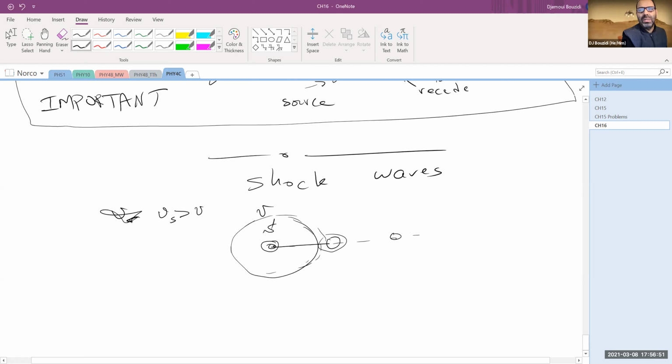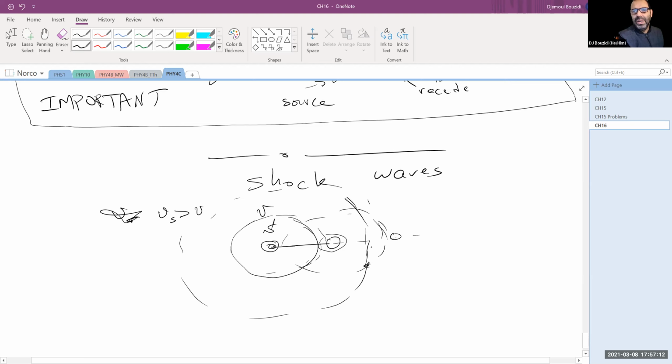By the time it's at this point here, it's going to send the third wave front, where this first one is still here. And the first one is probably here. And so on and so forth. You can clearly see at this point here, for example, the waves start to pile up. There is this one from the beginning, the first one, and the second one, okay?